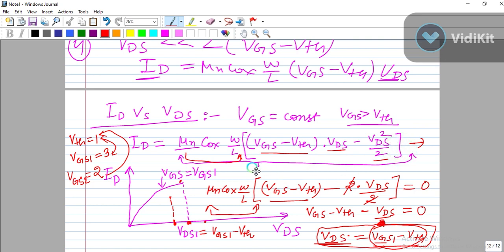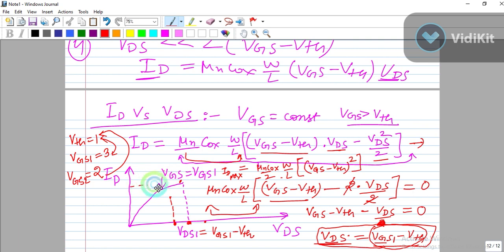Let me write ID max equal to mu n Cox W by L, (VGS minus VTH) square, minus (VGS minus VTH) square divided by 2. Subtracting, it becomes (VGS minus VTH) square divided by 2.